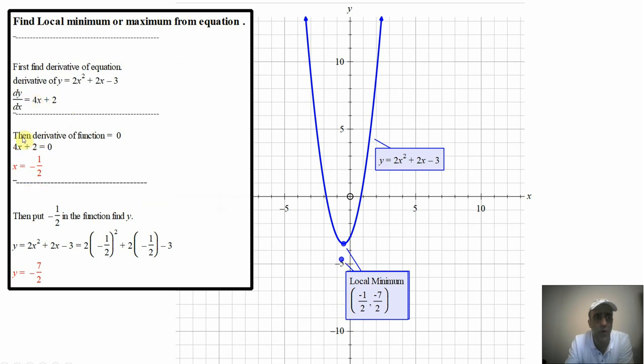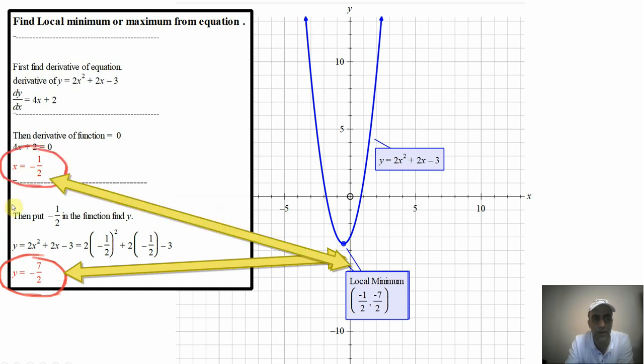Then we have to put minus half into the equation, as you see here, and we can find the y value of the minimum point. In this situation you can see the local minimum has x equal to minus half and y equal to minus 3.5.